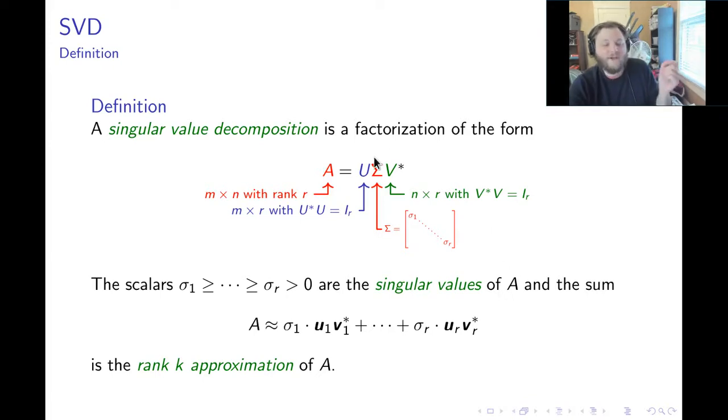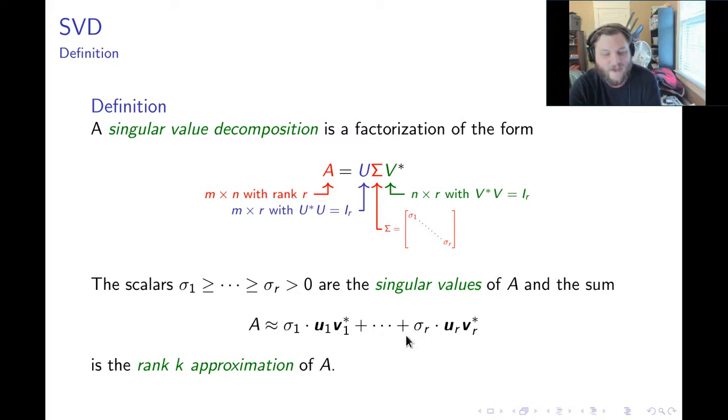Furthermore, we can use all of the data in a singular value decomposition to construct what's called the rank k approximation of our matrix. This is given by A is approximately equal to the first singular value multiplied by the first column of U multiplied by the first row of V conjugate transpose, plus the second singular value multiplied by the second column of U multiplied by the second row of V conjugate transpose.